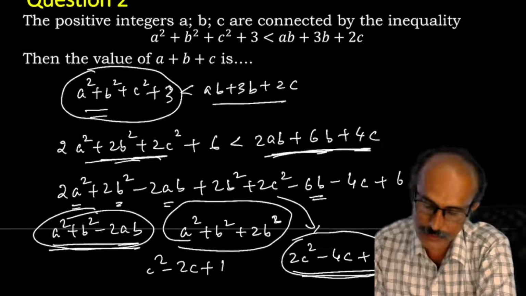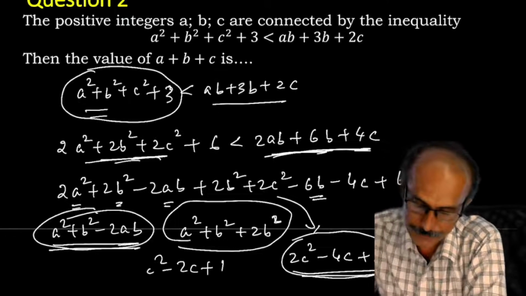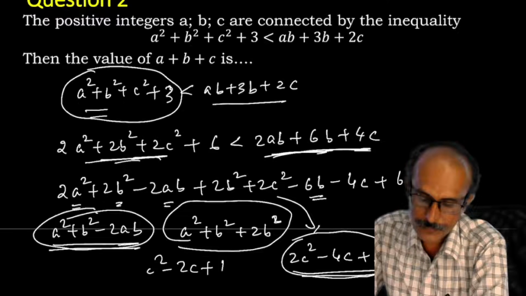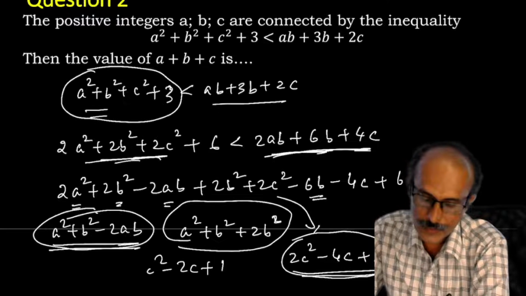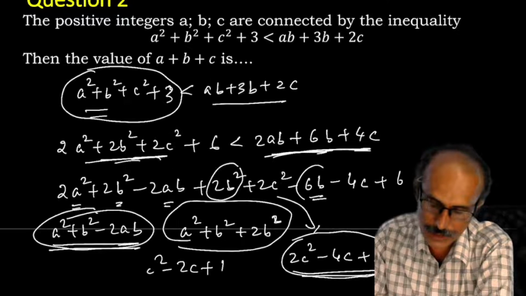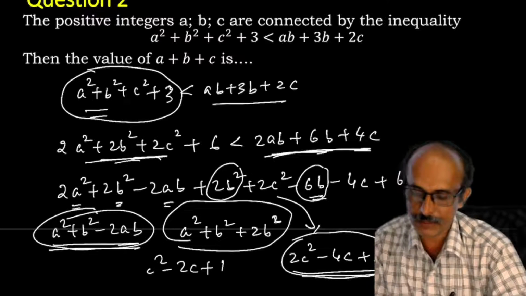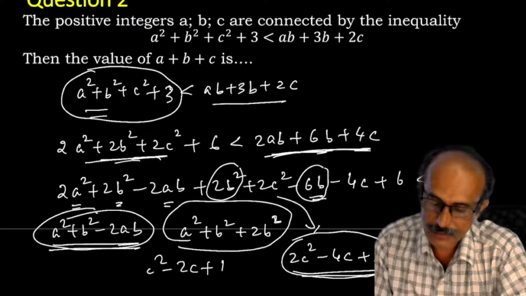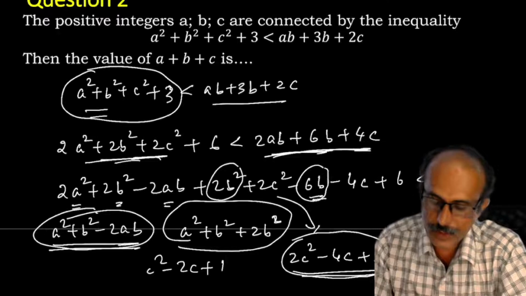6b we can account. How do we account 6b? So 2b square and 6b we can account. See that 2b square and 6b we can make an account, but there are some extra terms needed for that. So what is the extra term needed?